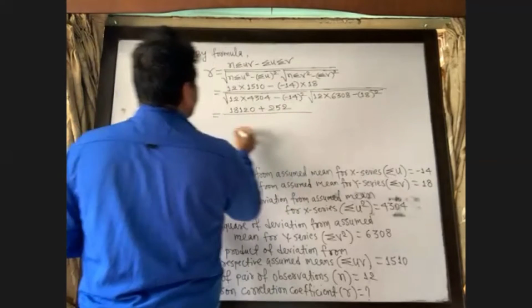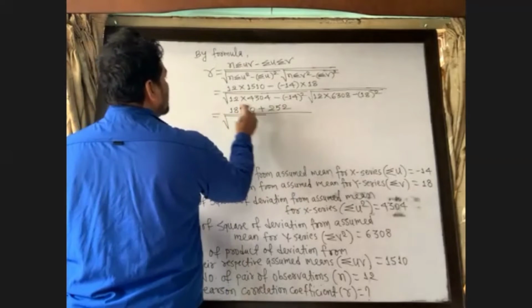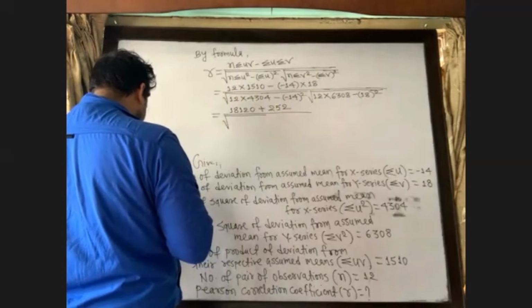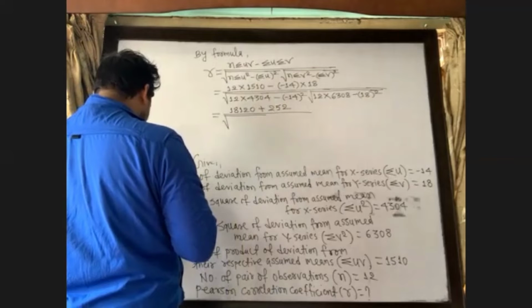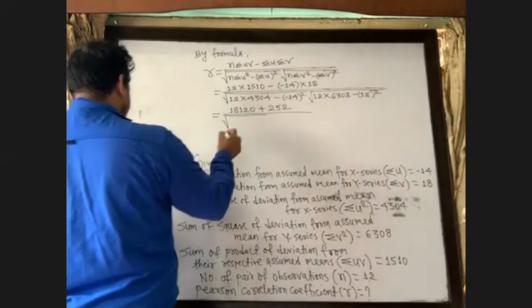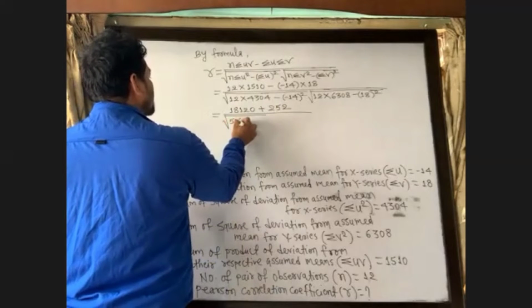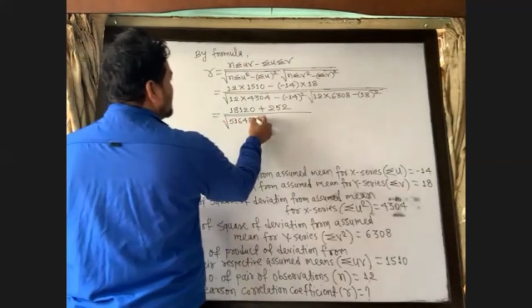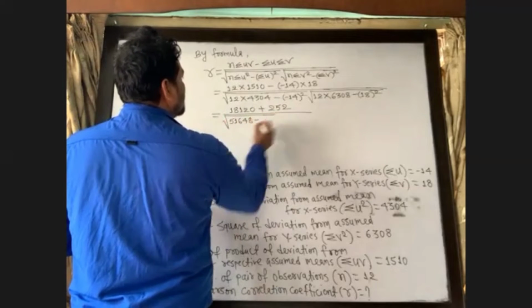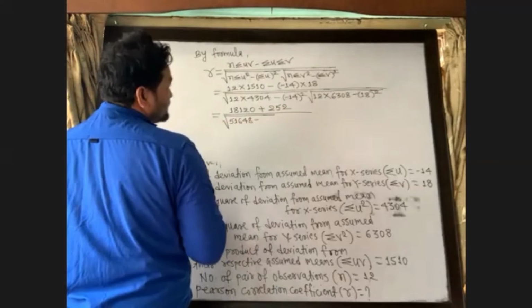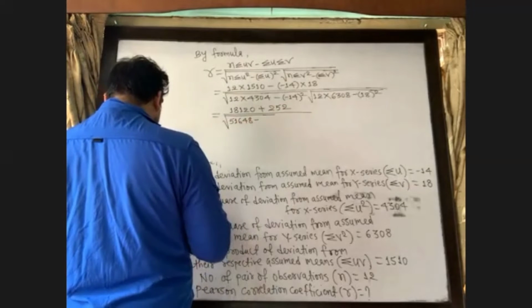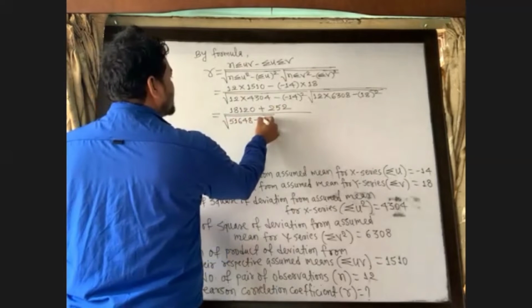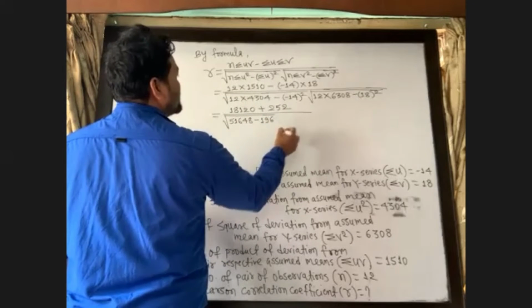Then divided by square root, 4,304 into 12 is 51,648, minus 14 square which is 196.